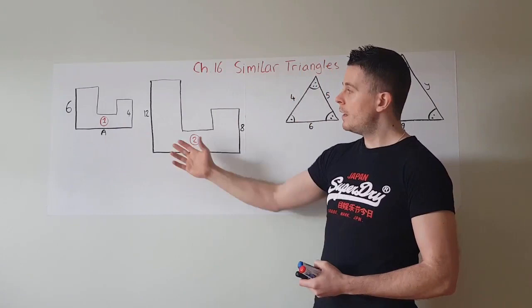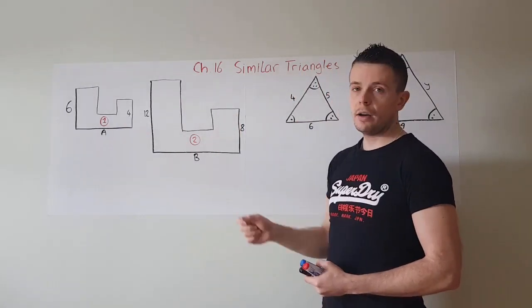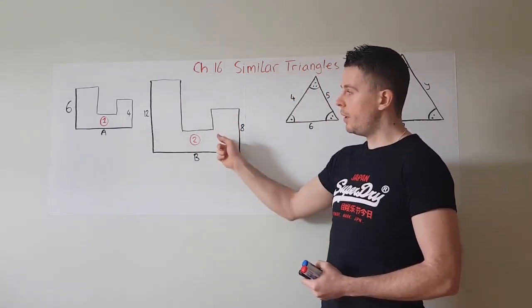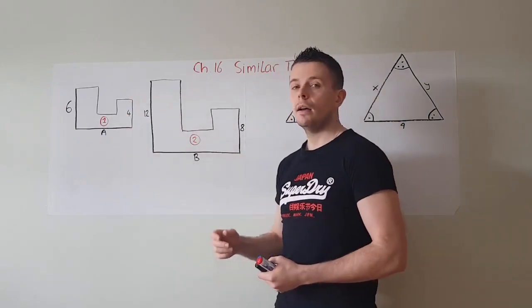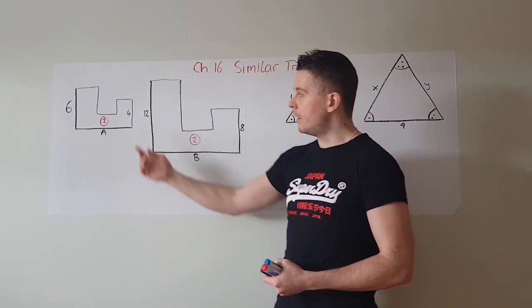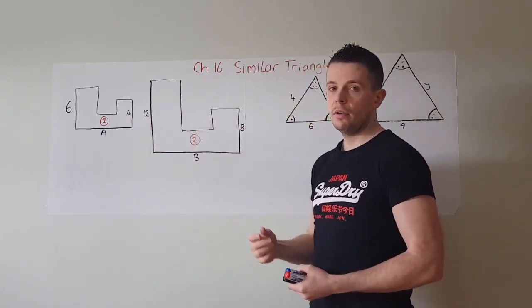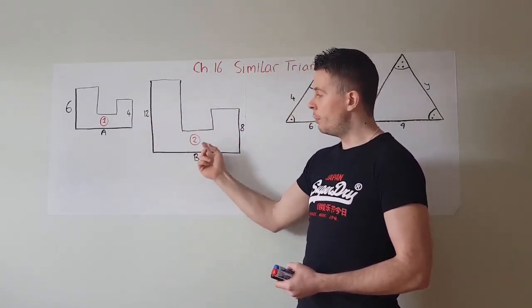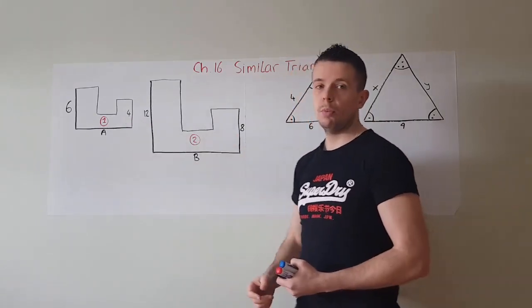So we can see that the measurements in the larger shape here are actually twice those of the smaller one. We can deduce from these two given measurements that shape number 2 is twice the size of shape 1.